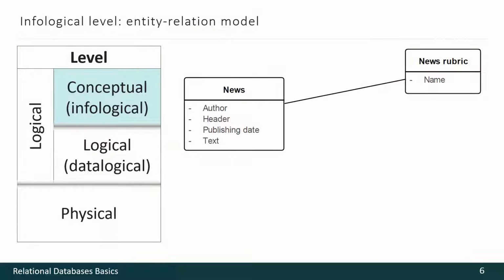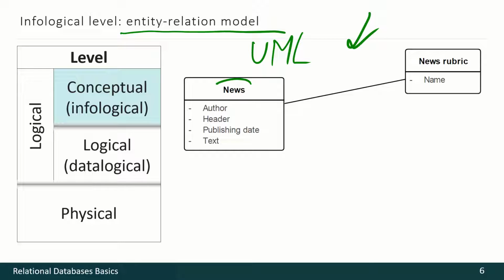And there is one more approach, entity relation model. Here we see an example of some simple entity relation model in UML graphic notation. Here we see some entities like news or news rubrics, and we see attributes of those entities. And we also see that those entities are somehow connected between.